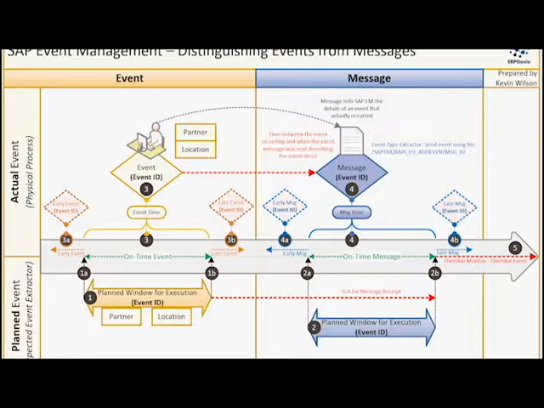If my system doesn't know, I cannot react to any issues in that supply chain. So it's critical that we get the messages on time. This whole time between 2A and 2B on my diagram is critical.